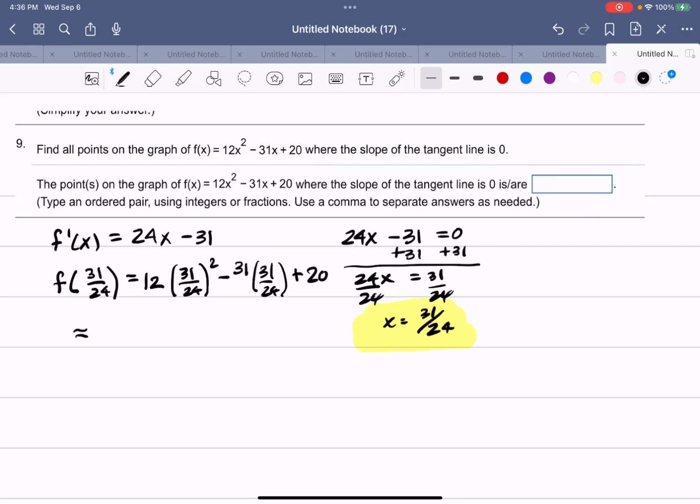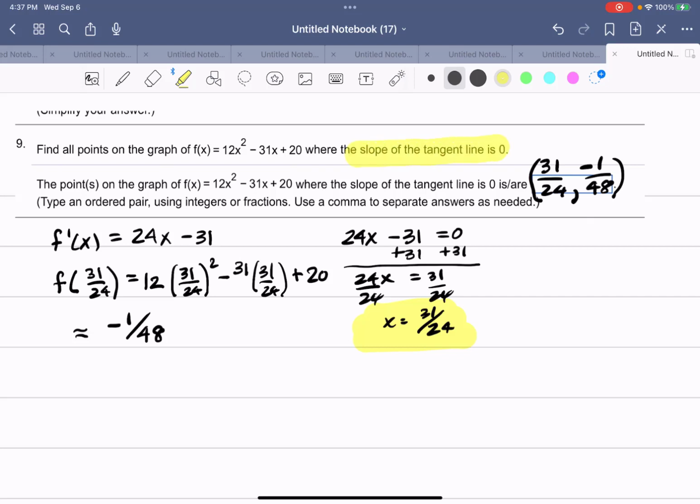And that comes out to negative 1 over 48. So the actual point is 31 over 24, comma, negative 1 over 48. And that's the point at which the slope of the tangent is 0. Final answer, 31 over 24, negative 1 over 48.